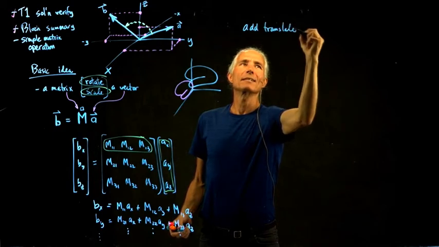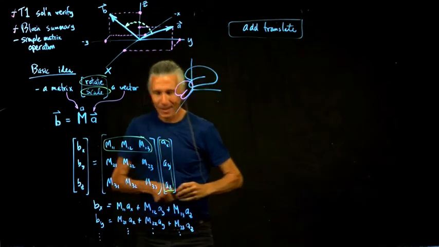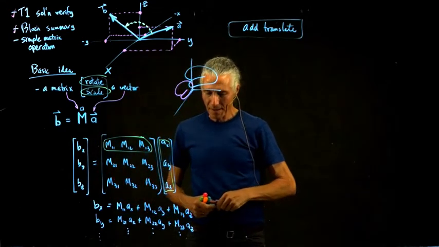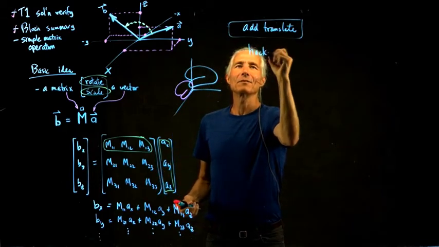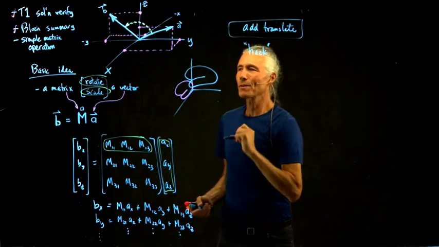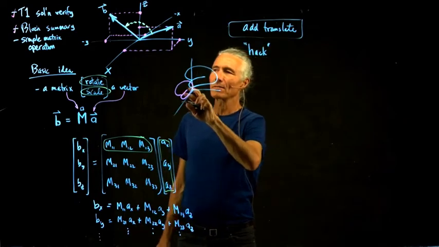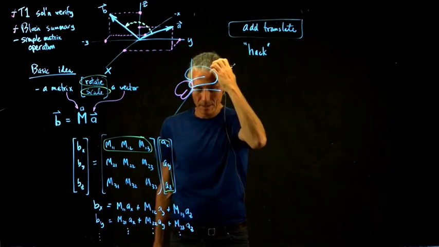It's kind of a hack. I think of it as a bit of a hack, and you'll see there's an official word for it, but it's sort of a hack, and it can cause trouble when it comes to dealing with the translation part versus the rotation and scaling part.